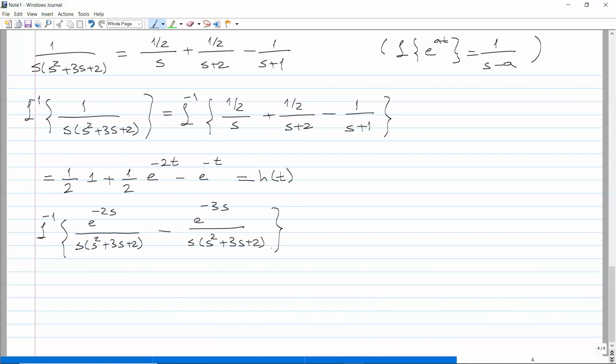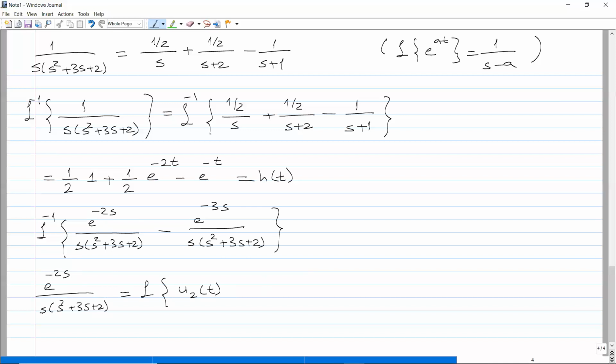Okay. Now, take e to the minus 2s. This is the Laplace transform of, since I have e to the minus 2s, I need to take unit step function u2, and in front of it, I need to take the function. Which function?